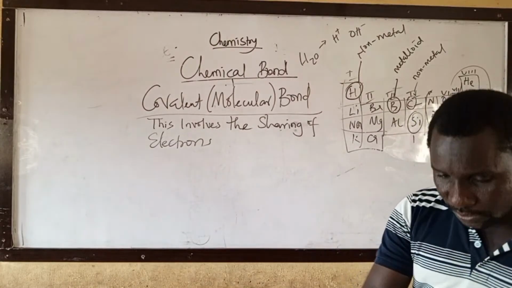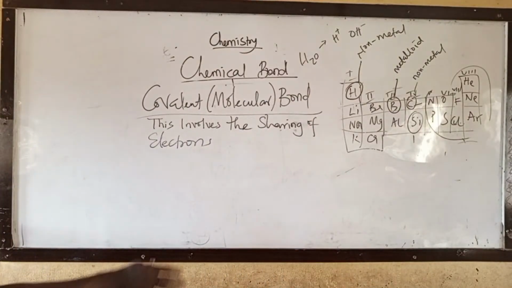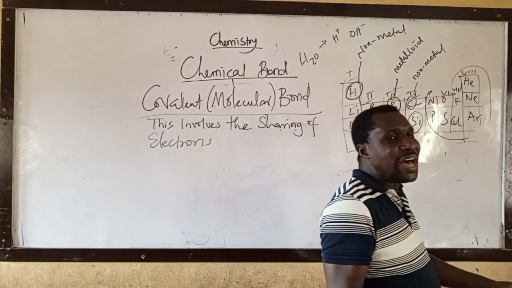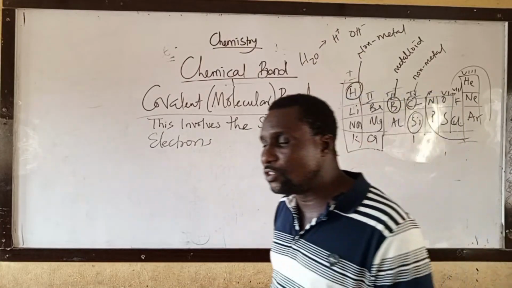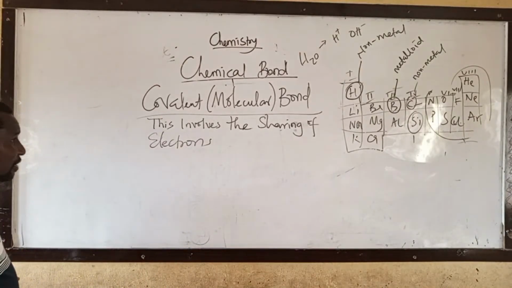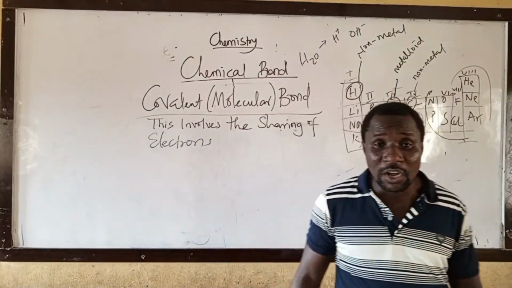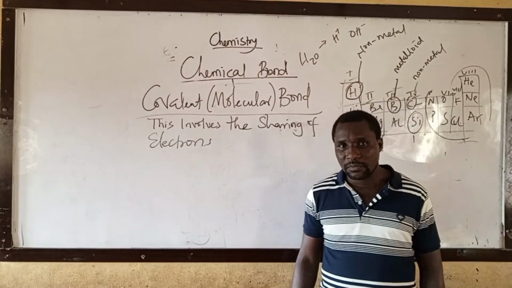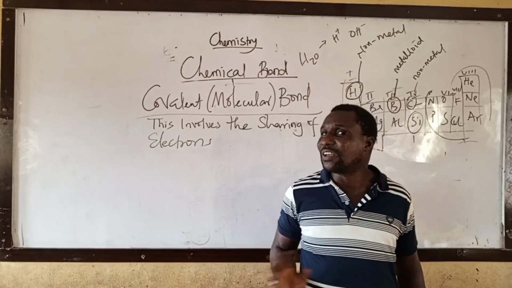Which can lead to overlapping of orbitals. This involves the sharing of electrons, which can lead to overlapping of what? Orbitals. Class, in this one, there's no transfer of electrons.